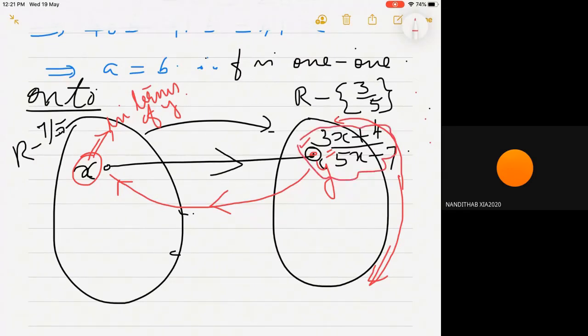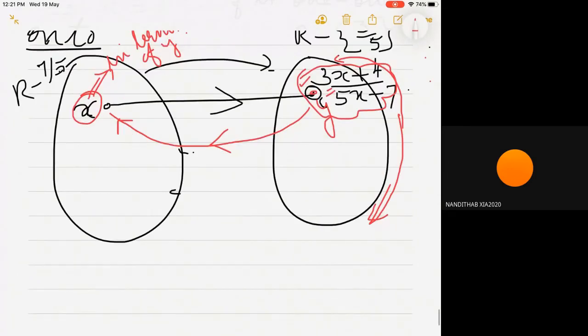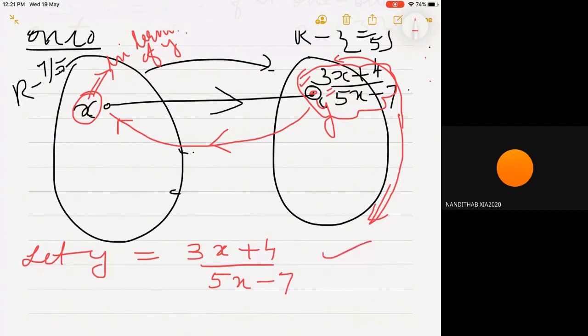We know that let y equal to (3x + 4)/(5x − 7). When you are starting with y and going back to x, this x should be in terms of y.